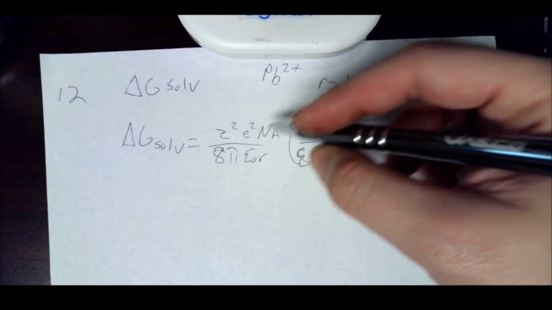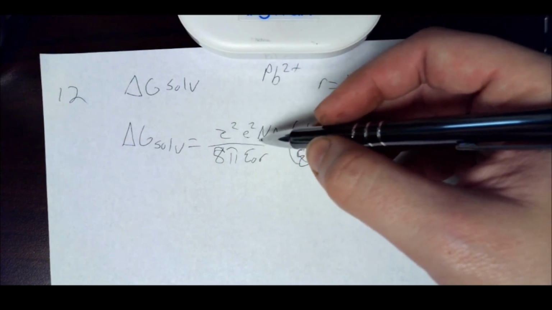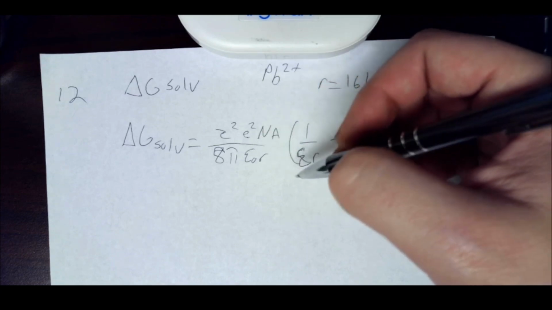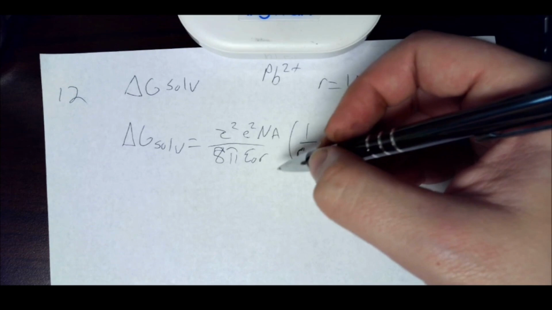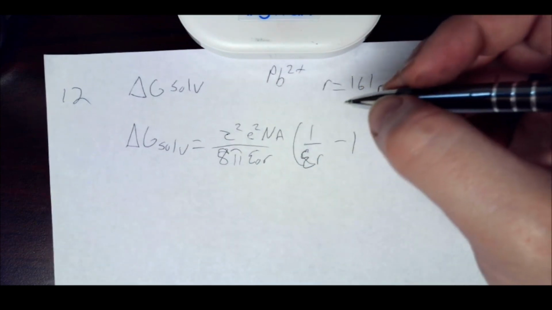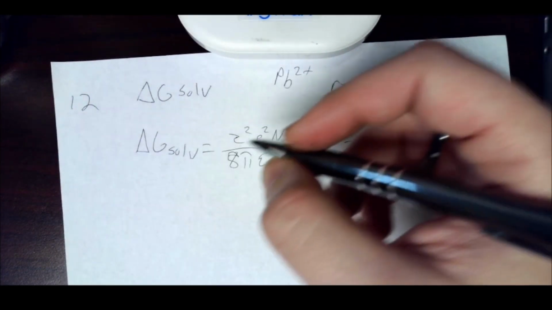It's the utilization of the following equation to find the Gibbs of solvation: z squared times charge of electron squared times Avogadro's number over 8 pi epsilon naught times r, and times the 1 over epsilon sub r minus 1.